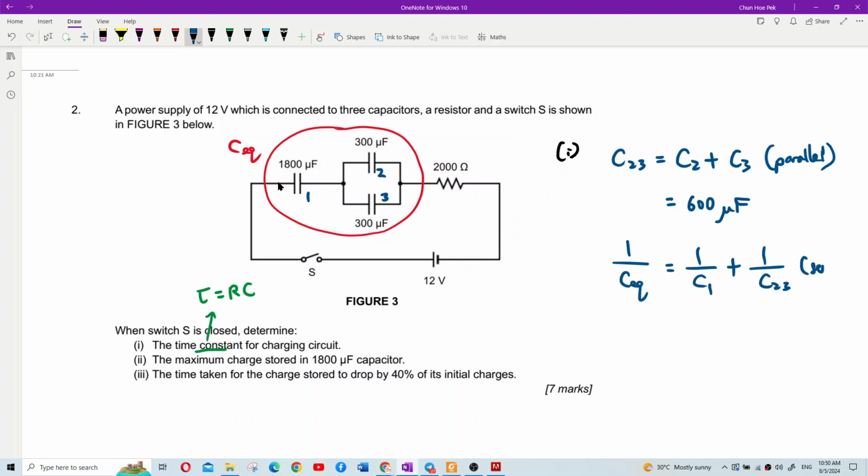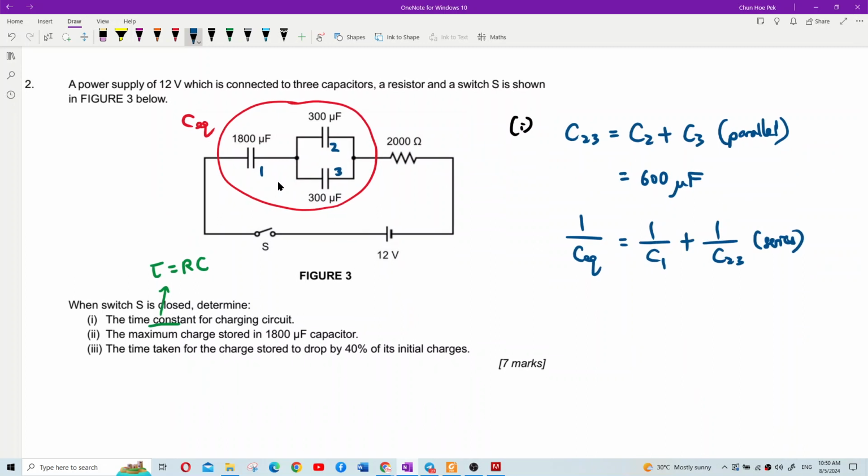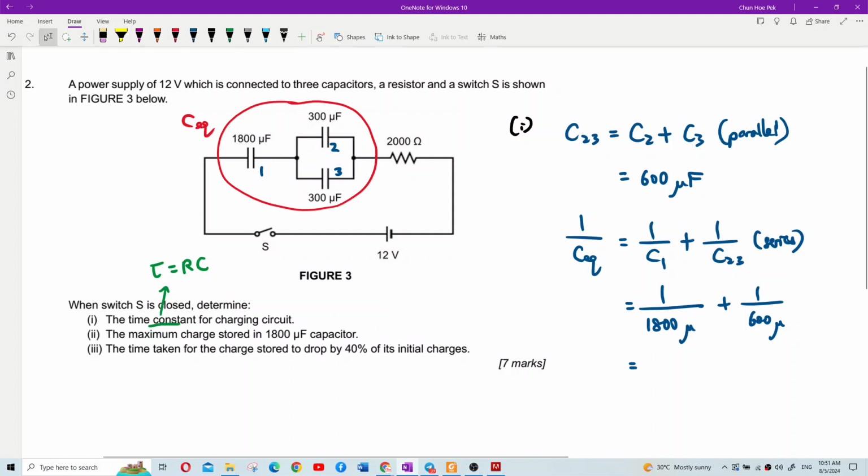So 1 over C is 1 over 1800 micro plus 1 over 600 micro. Correct or not? So what do you get?